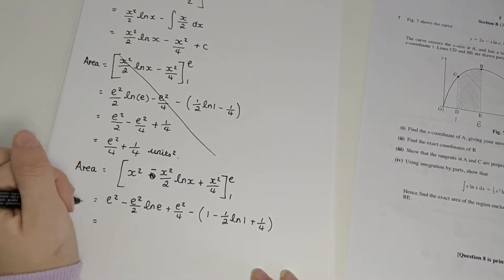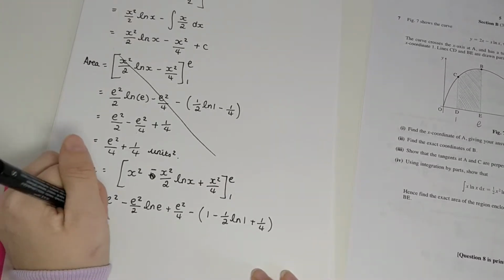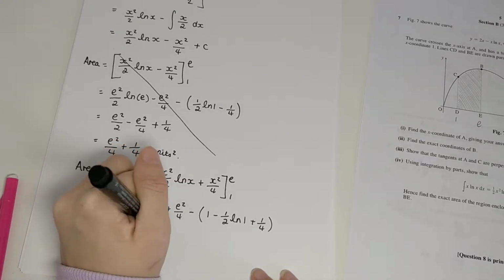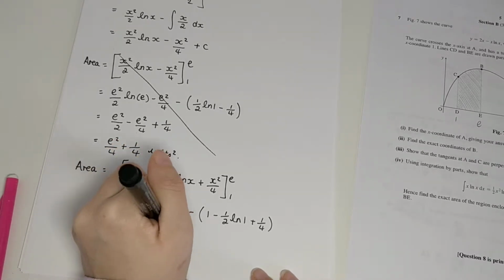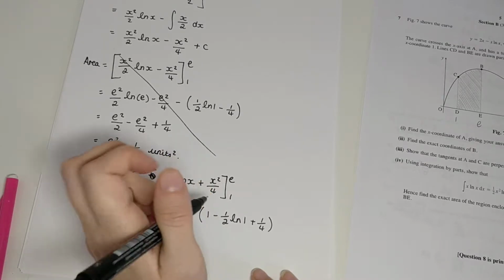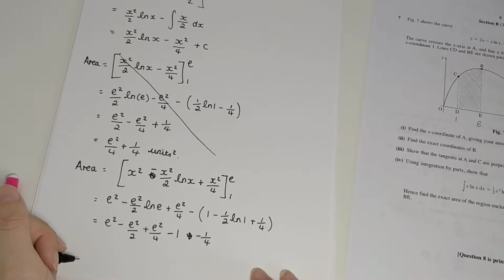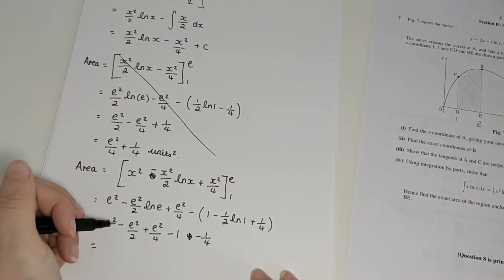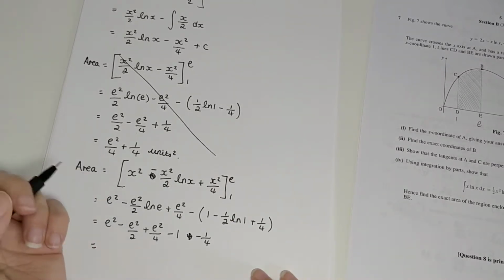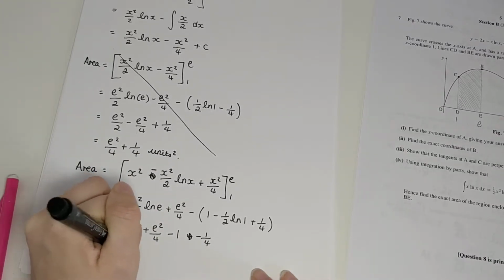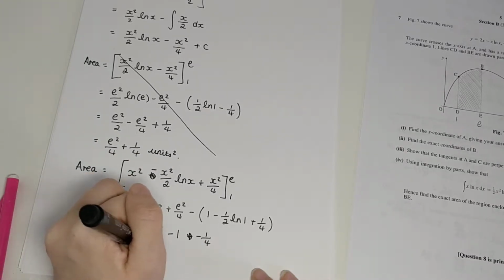Okay. Let's see if this works now. So I've got a whole, take away a half, is a half, plus a quarter is 3/4, minus 5/4.